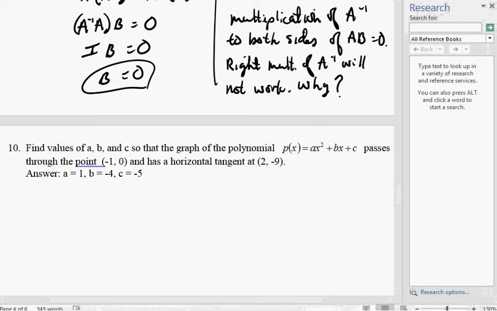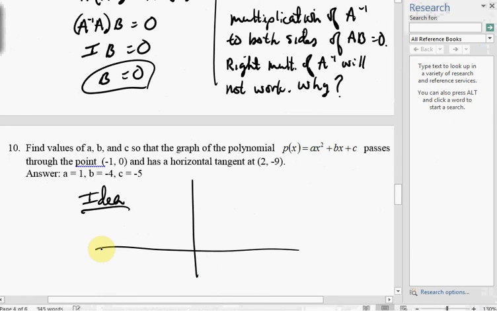Do you understand that if the derivative is 0, that's synonymous for saying you have a horizontal tangent? That's what that means. So here's the idea. This is not drawn to scale, but just to give you an idea what's happening.